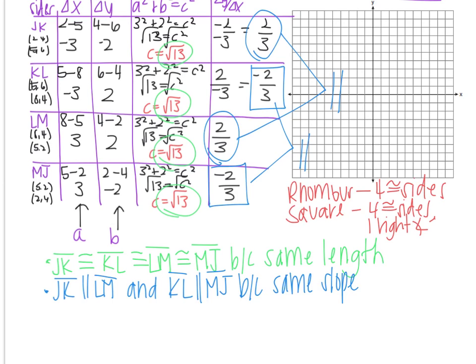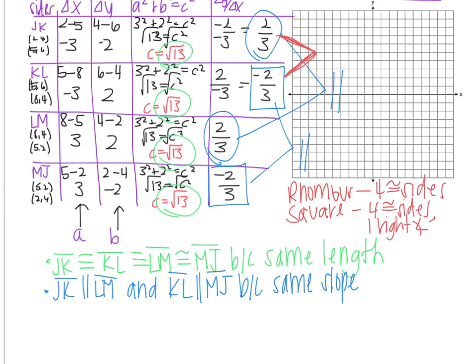Right angles, remember, come from perpendicular lines, and perpendicular lines come from opposite reciprocal slopes. If we look at our slopes here, say the first two, JK and KL, I have a 2/3 and a -2/3. Opposite reciprocal, again, means flipped and negated.